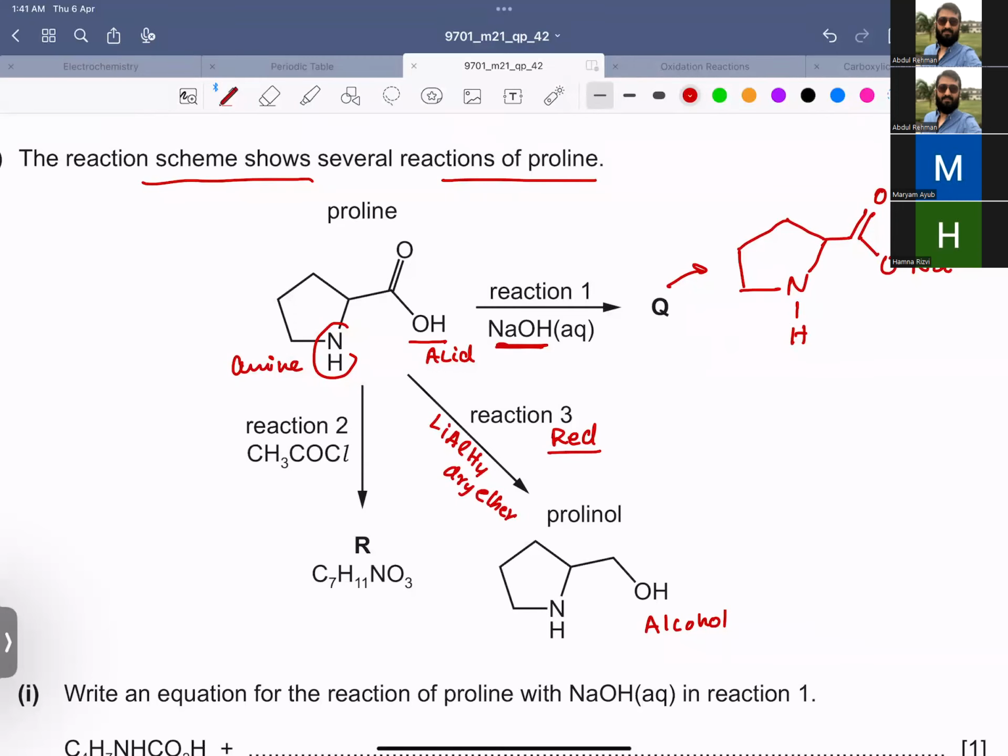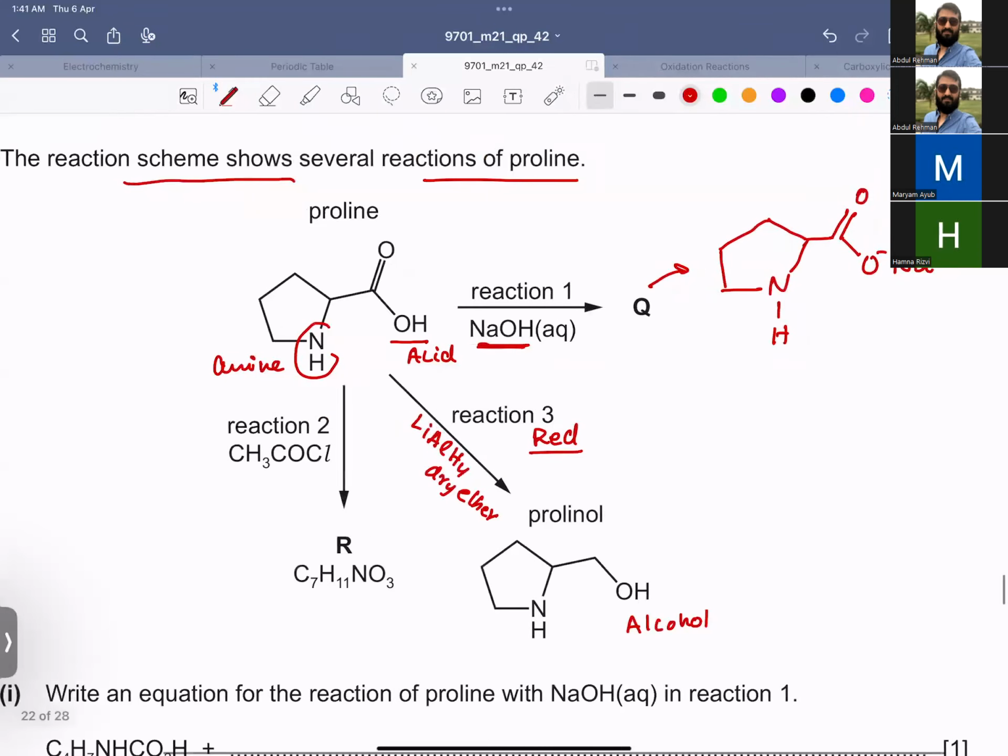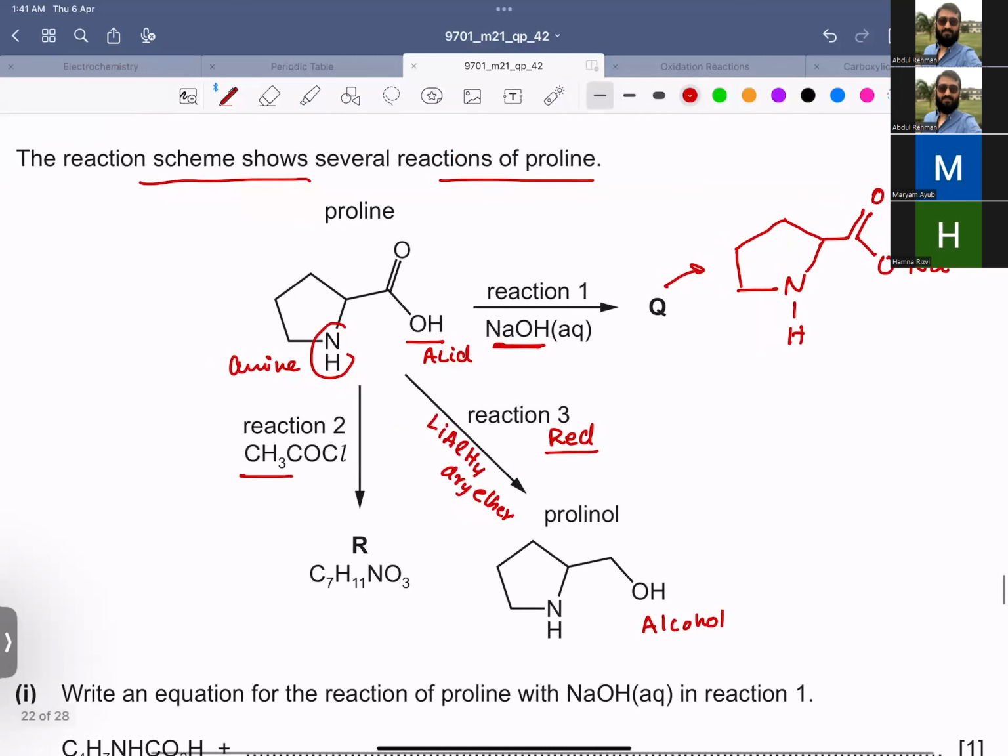If you look at reaction 2, this ethanoyl chloride is reacted with this proline, and we are getting this product having 3 oxygens, which means these 2 oxygens are not removed, and this oxygen is also being added.